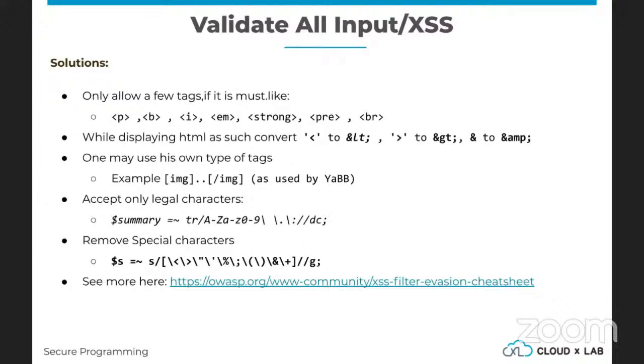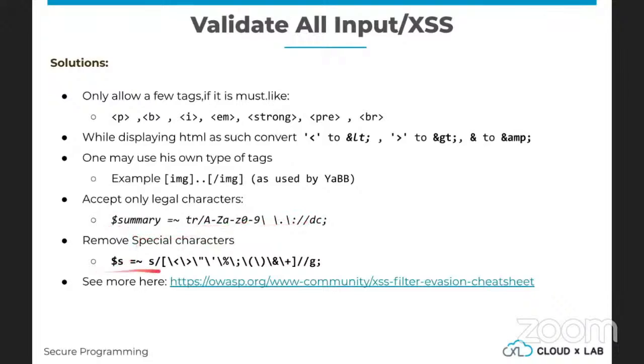You could use your own type of tags, image till image, and so on. Wherever possible, accept only legal characters. You don't need to actually remove special characters. Instead, accept only legal characters.